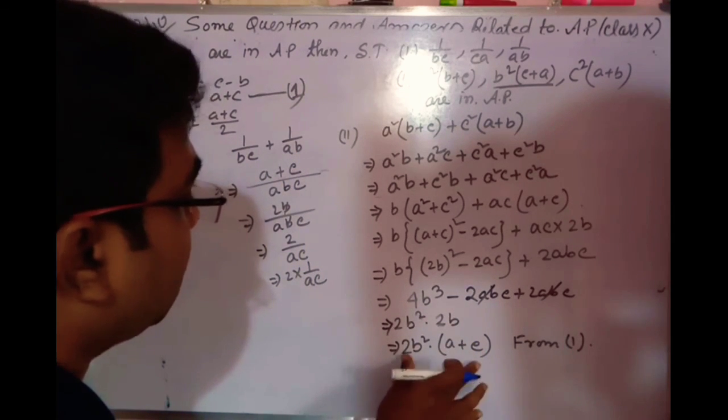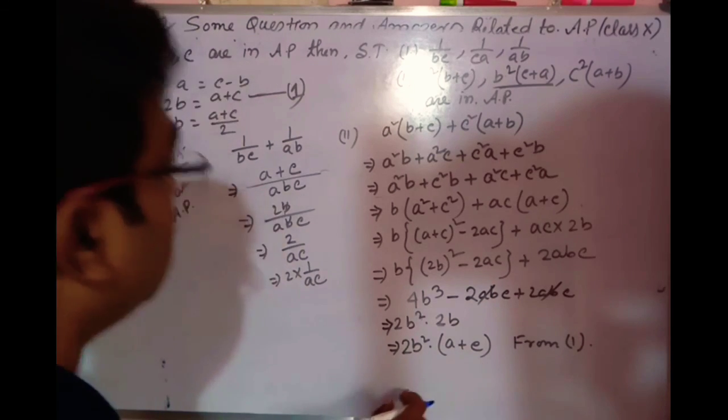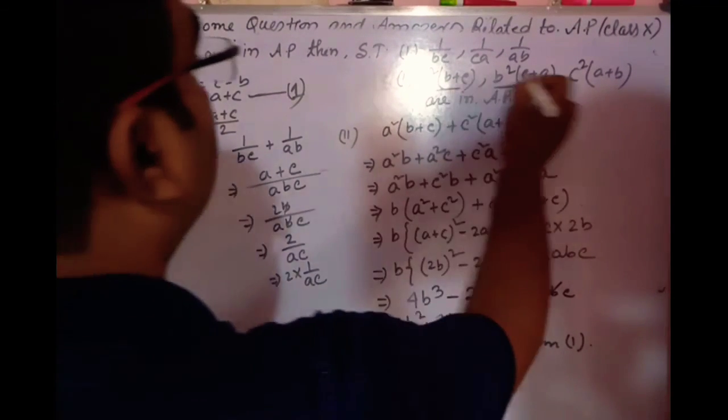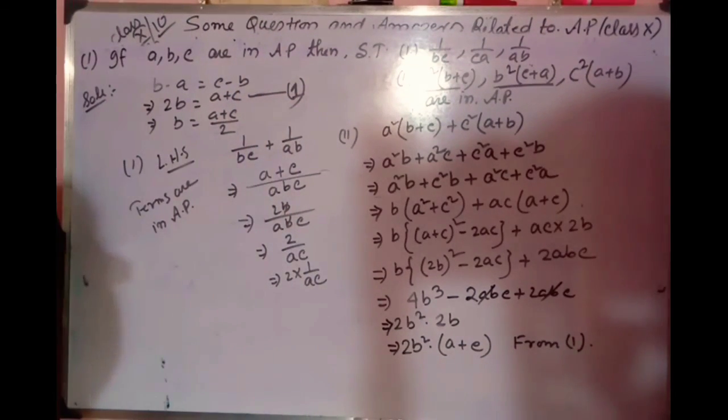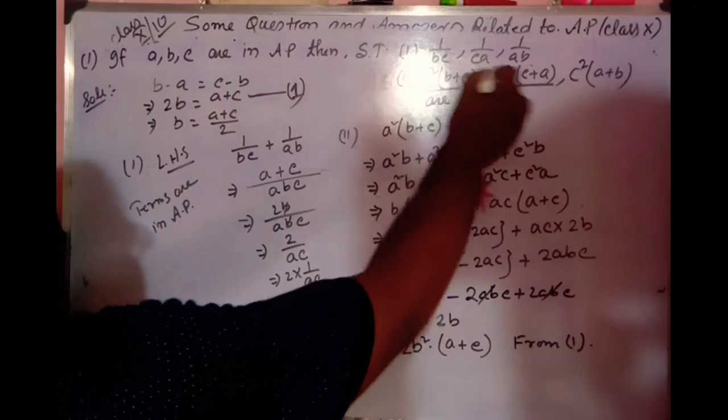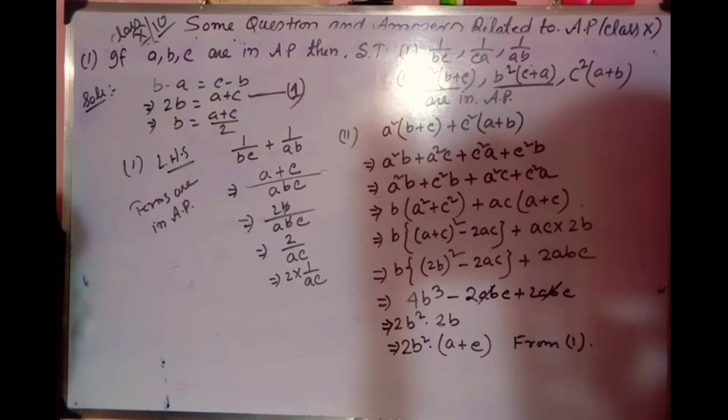So we are getting this from 1. So that means the sum of these two terms is twice of this term. So we can say that these three terms are in arithmetic progression.